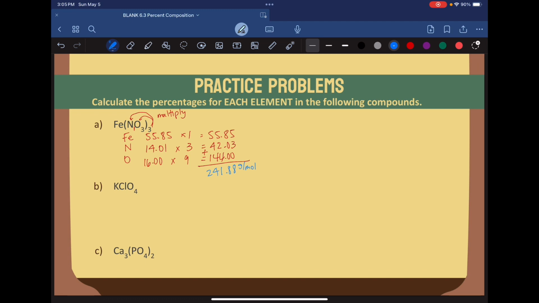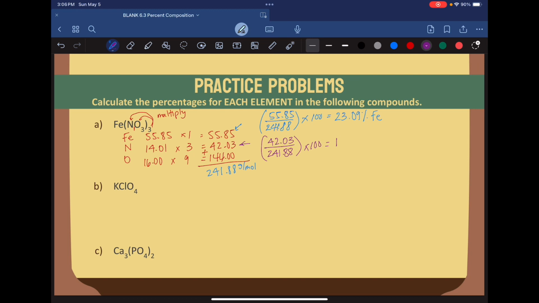Now, you have to find the percent composition for each of them. So for iron, it'd be 55.85, because that's what iron is, divided by 241.88 times 100. So I'd get about 23.09% Fe, rounded to 2 decimal places. Now, if I wanted to do nitrogen, I'm going to do the 42.03 divided by the 241.88 times 100.